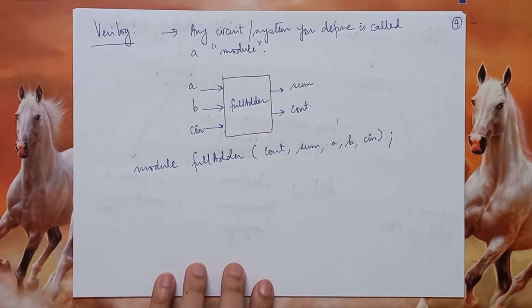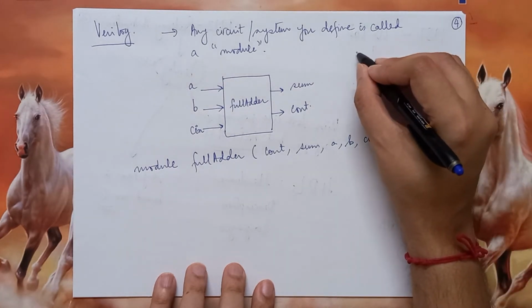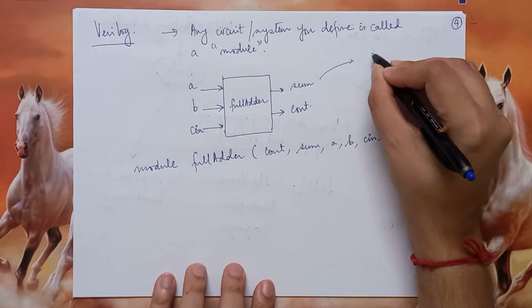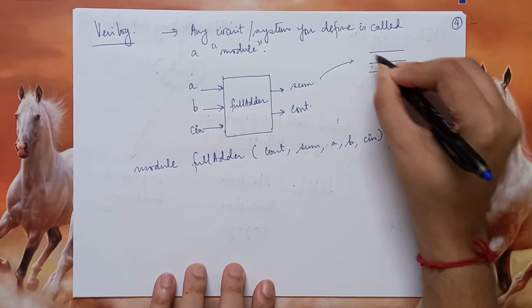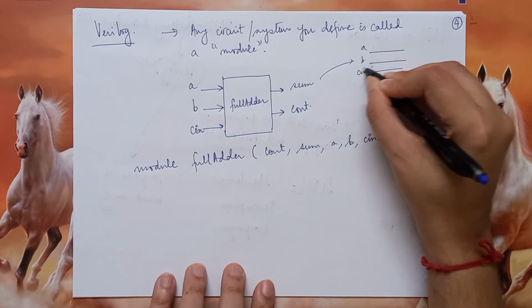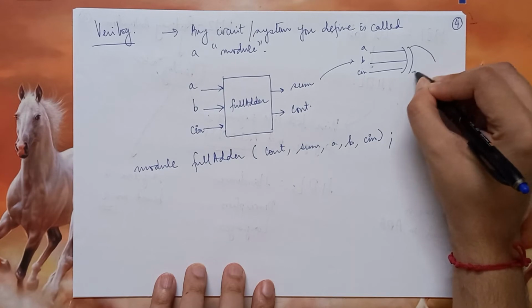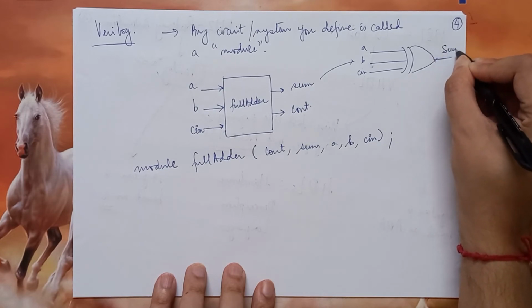Now we can describe this full adder using the gates that you already know. So let us say I can describe it in this way. I can say that A, B and C in, I can combine them by means of an XOR gate and get sum.